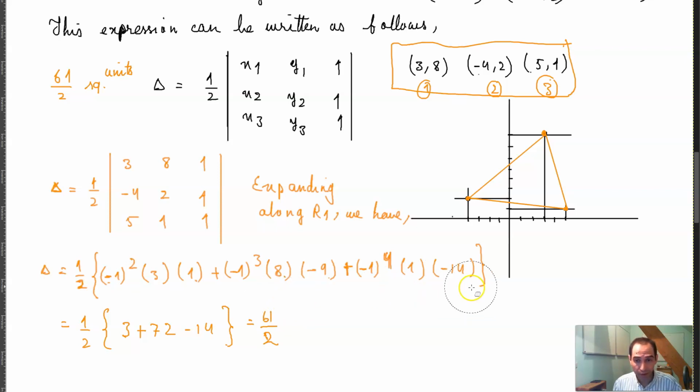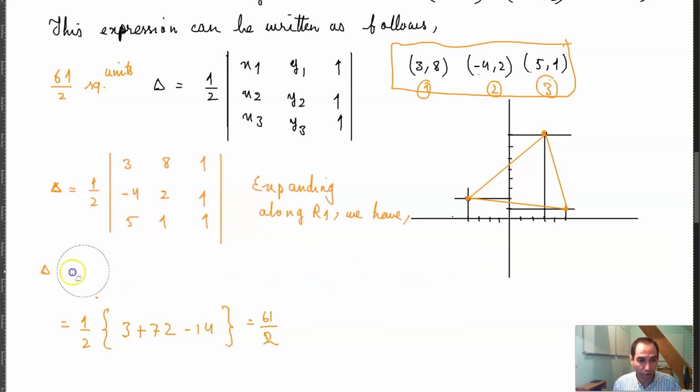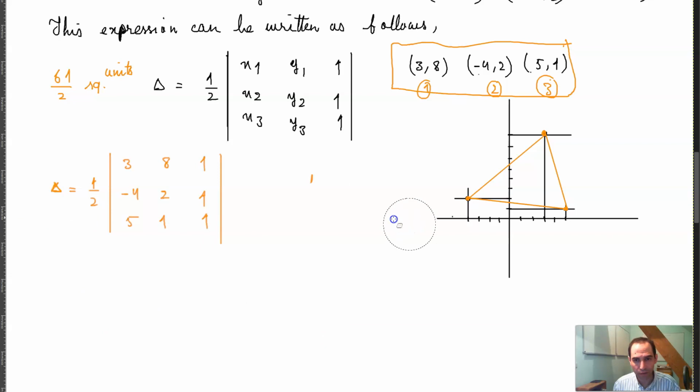Now, if I expand this along C1, for example, let's see what we get if we expand it along column 1.